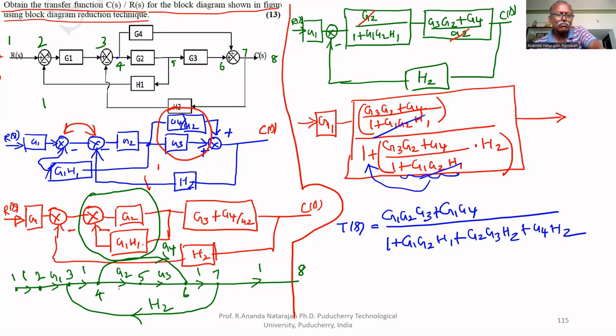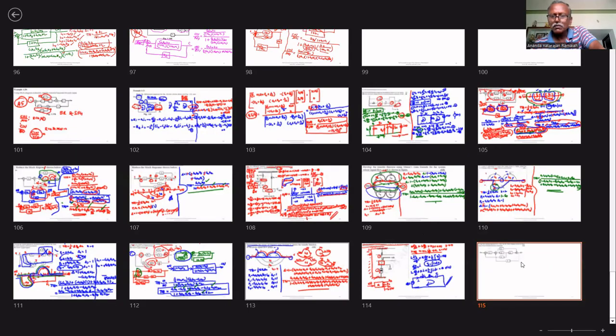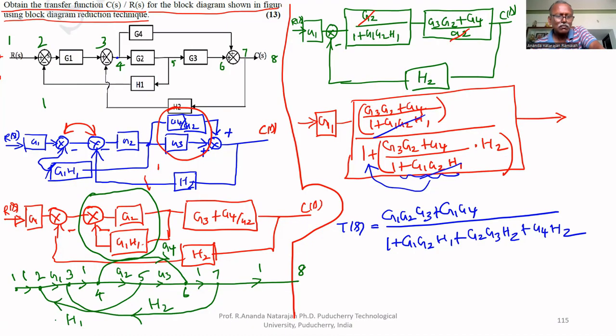From 5 to 2, H1. Here you notice negative feedback, here also negative feedback. That's why minus H1, minus H2. All others are positive.